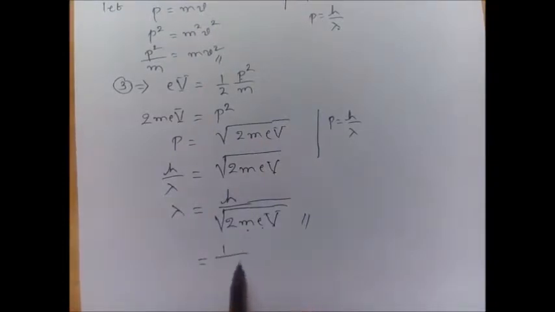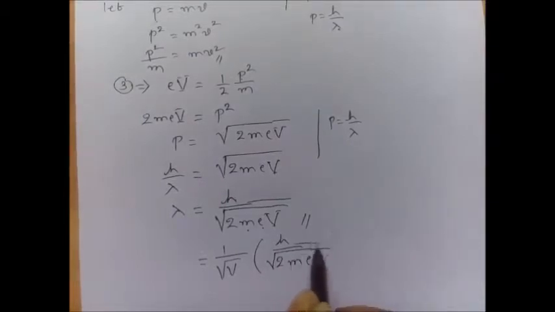So I can take 1 divided by root V, and all these constant terms are there, and this is the lambda.